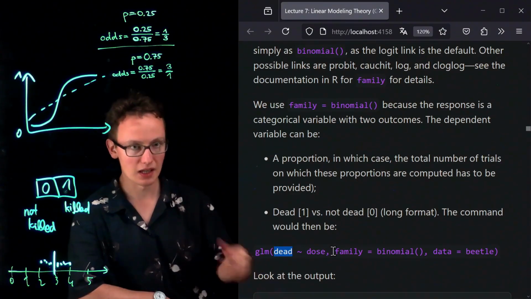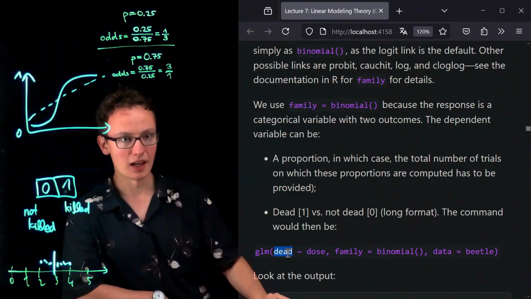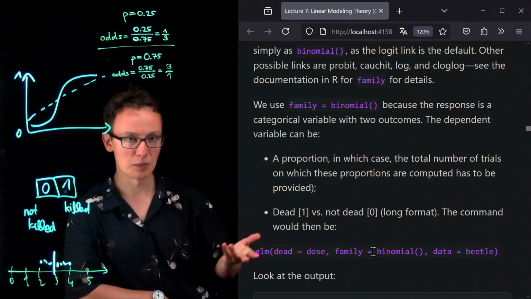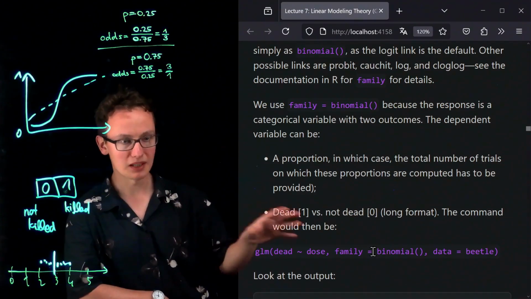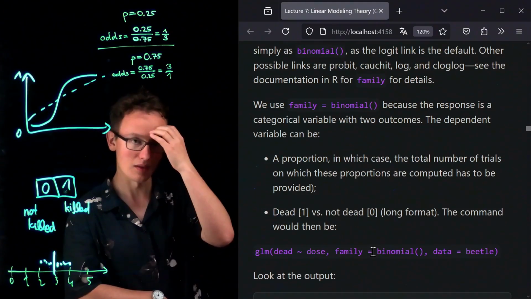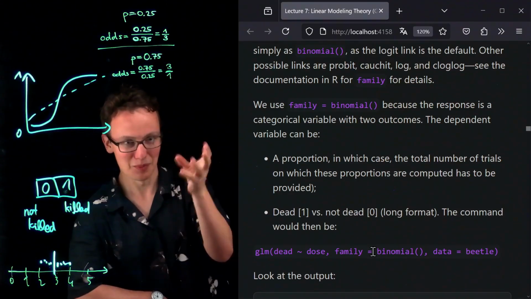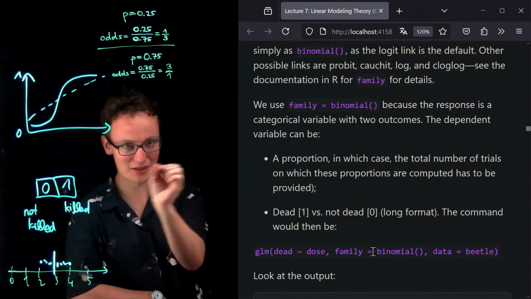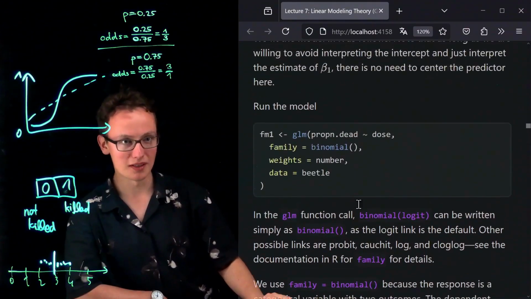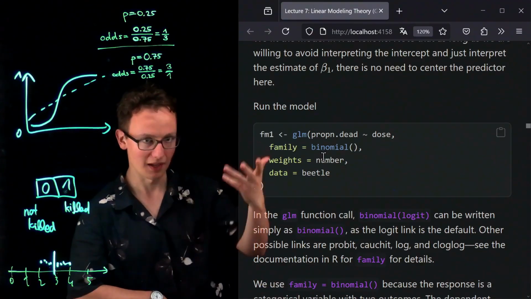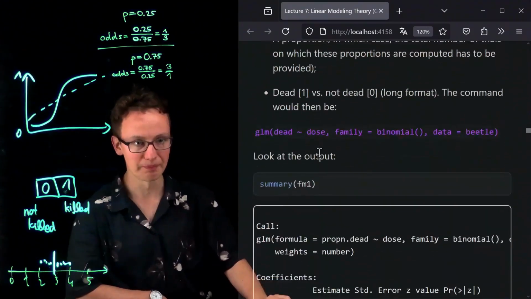And then I wouldn't give it this weights argument. If my data were in that format, then I would call the function like this, but the result would be equivalent. But given that here my data set already summarizes the proportion of deaths for each dose level, I will call it like that here, and then specify this weights argument. So these are some variations of the logistic regression, but the idea overall is all the same.